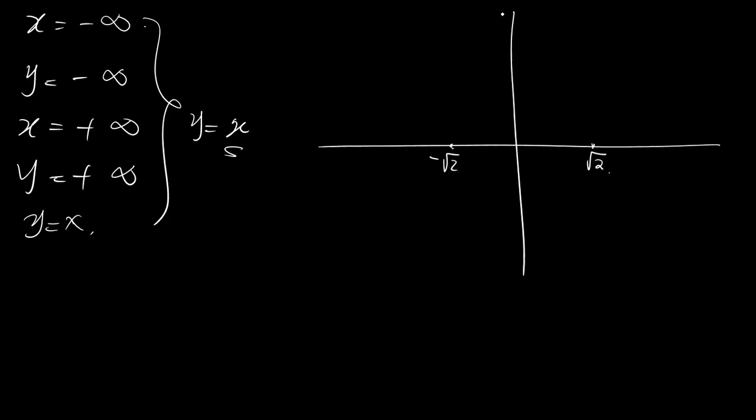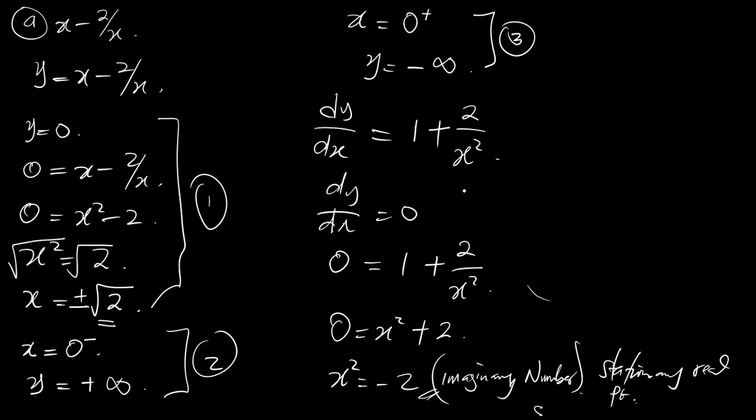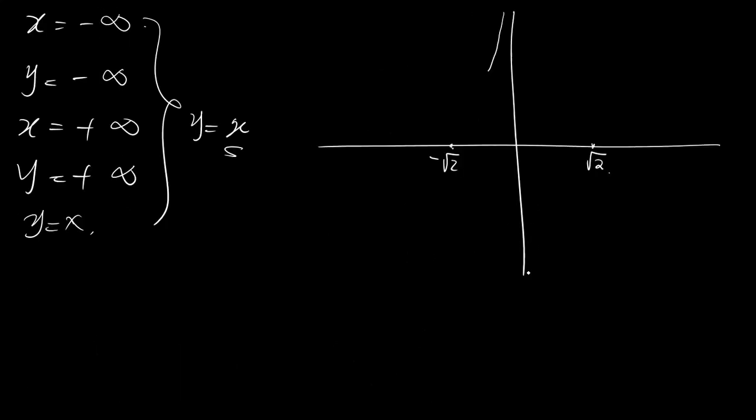So the line moves towards that side. Where you have x as positive, y tends towards negative infinity, so this way. And the line passes through here. You also pass through here. So you see this one joins like this, and this one joins this one.